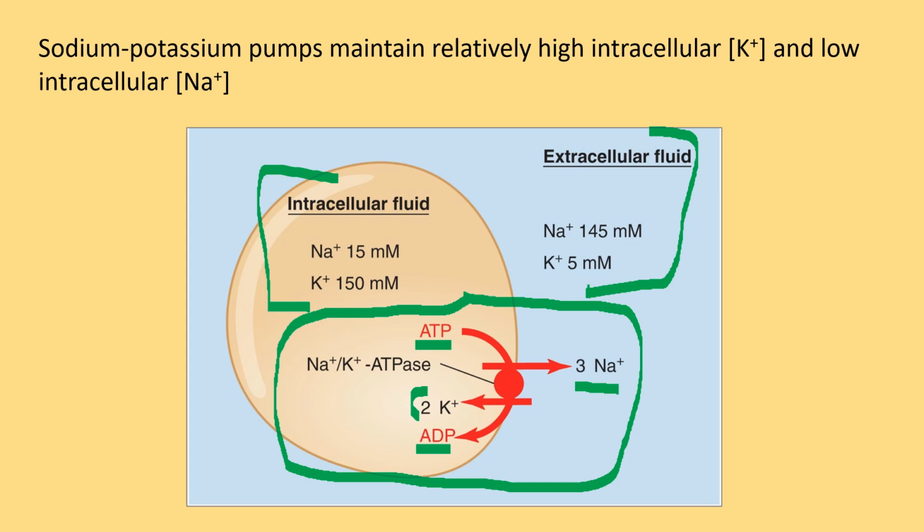This is relevant for lots of reasons, but for us, primarily the maintenance of what's known as membrane potential. It's an upcoming topic, and cells maintain a membrane potential, meaning there's a difference in charge across the plasma membrane. Notice that these are charged particles. Both sodium and potassium carry a single positive charge, and they play a role in maintaining membrane potential.